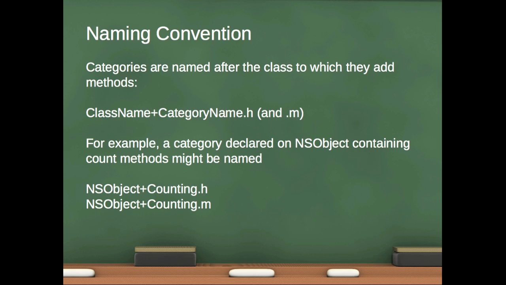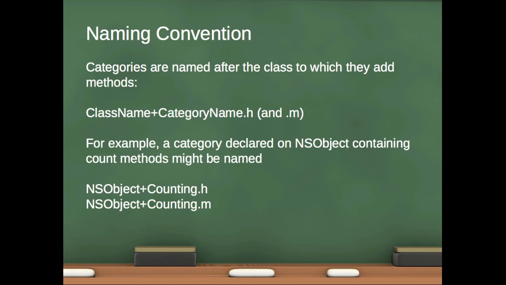For example, a category declared on NSObject containing counting methods might be named NSObject+Counting.h and NSObject+Counting.m.